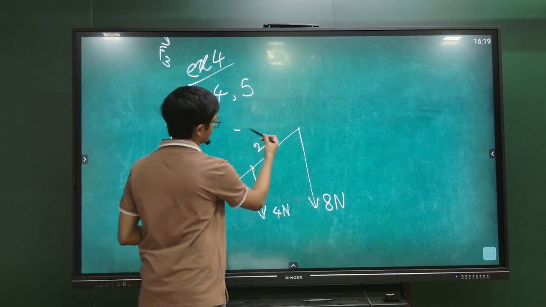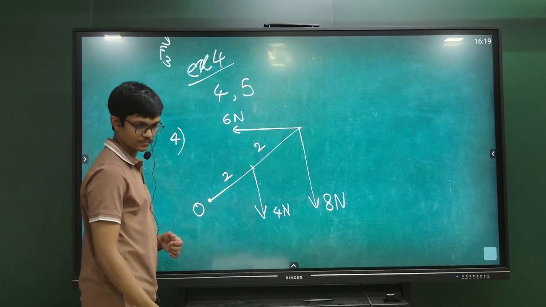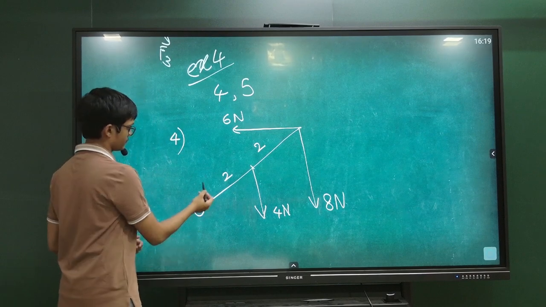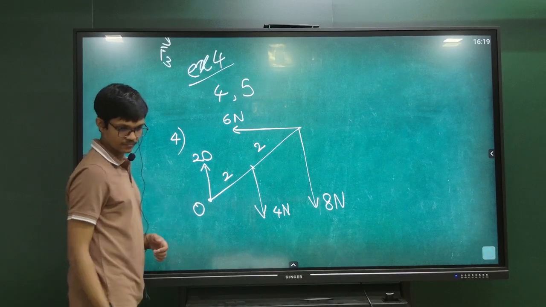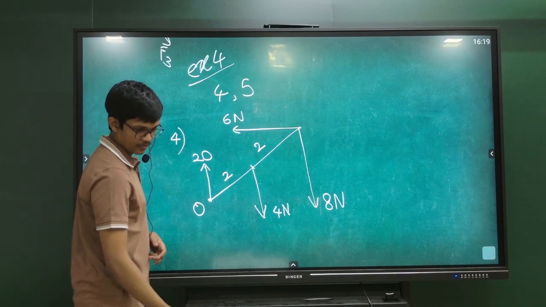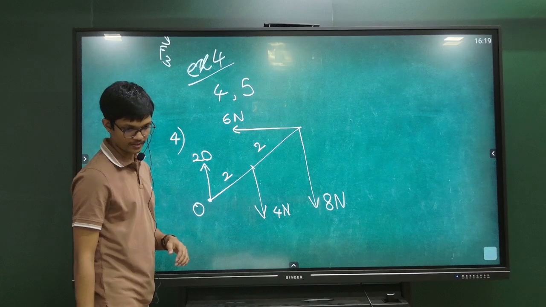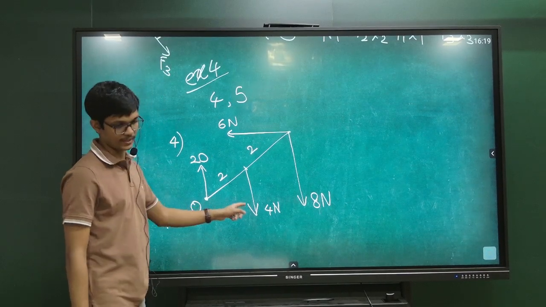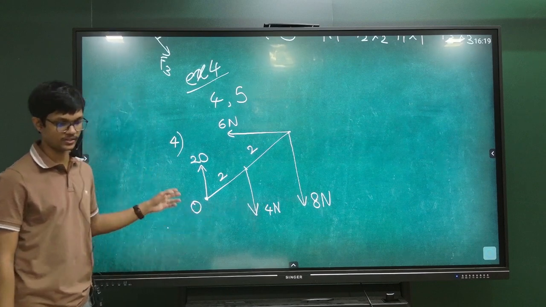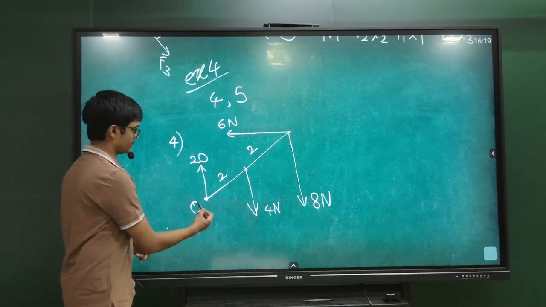Here 6 newtons. Here 20. Here there's no force in this direction, right? This is the system, right? They haven't given a magnitude for this force, so we can just consider this set of forces. This angle is 30.